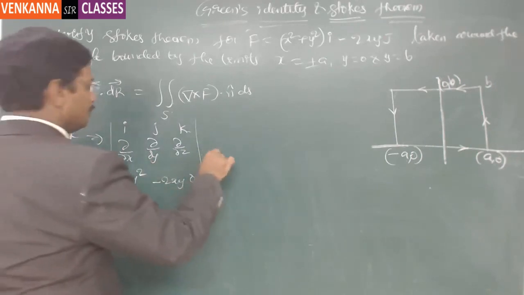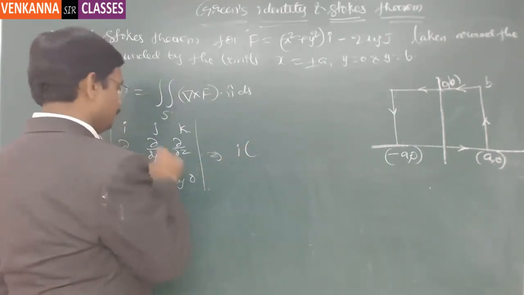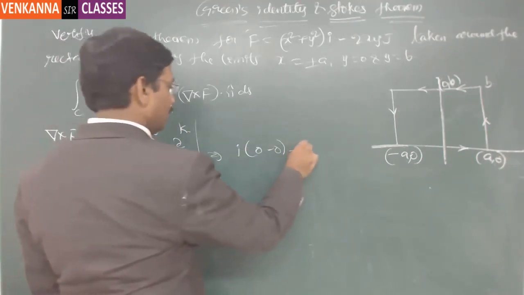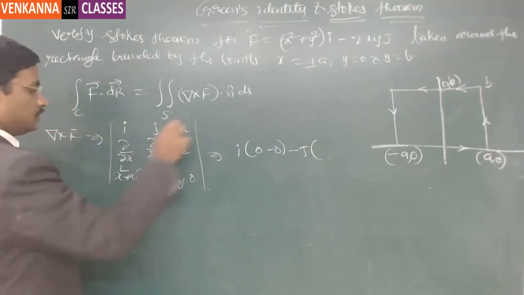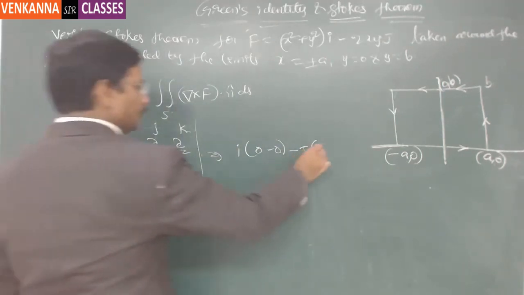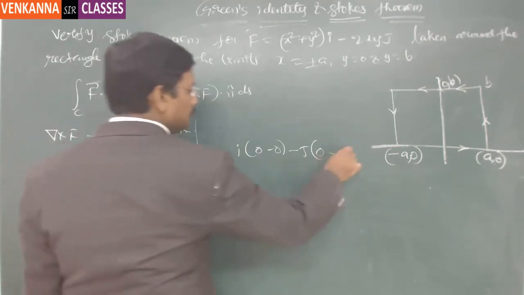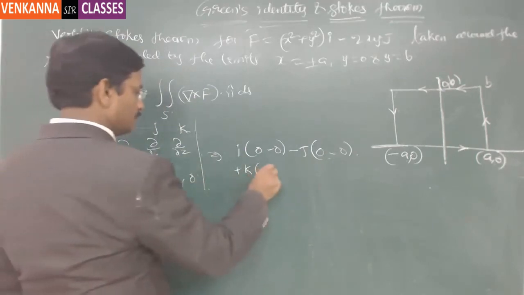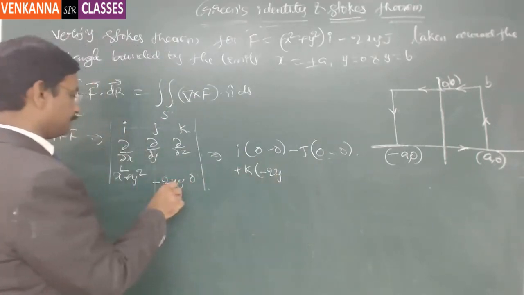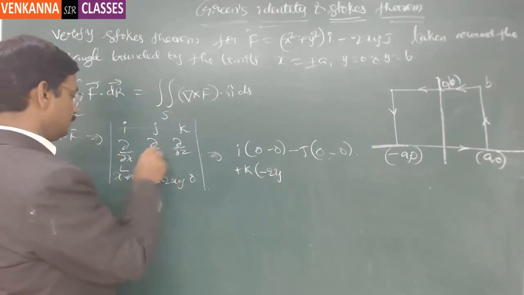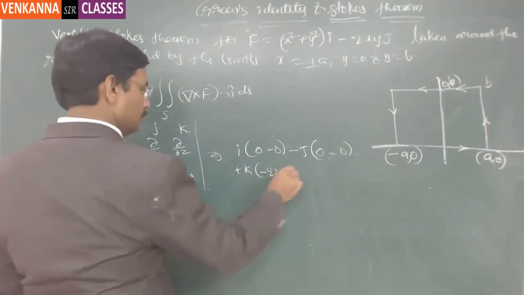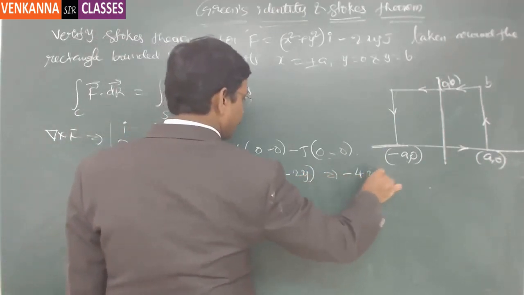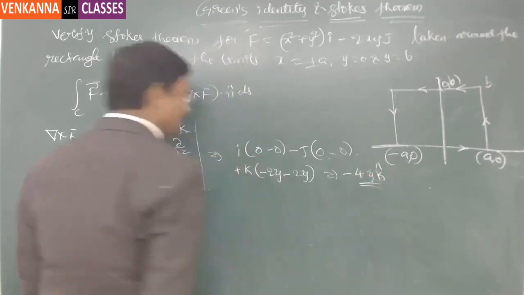So this del cross F value comes out to be i times 0 minus del by del z of this, which is again 0, minus j times, so these two will go out, 0 minus 0, plus k times minus 2y and then 2y... So this is minus 4y k cap. So this is the curl value.